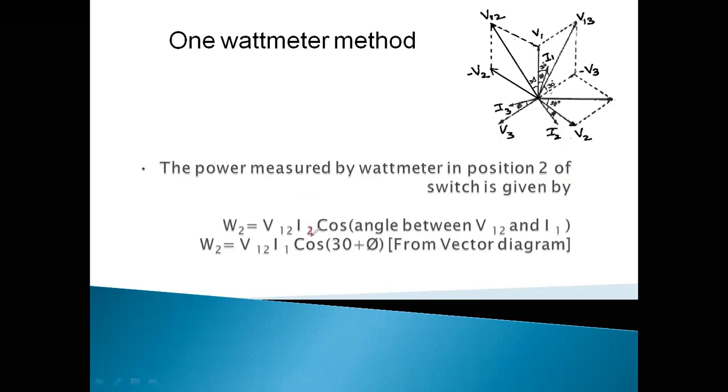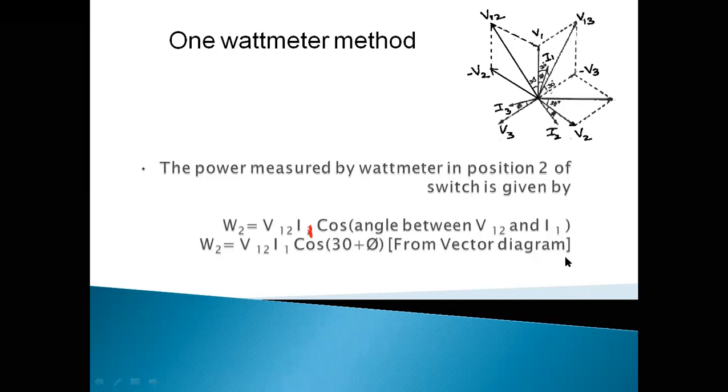It is I1 and cos of the angle between V12 and I1. W2 is V12, I1, cos of the angle between V12 and I1. Let us see the figure here. This is V12 and I1. The angle between V12 and V1 is 30, and the V1 and I1 angle is 5. So 30 plus 5 will be the angle between V12 and I1.